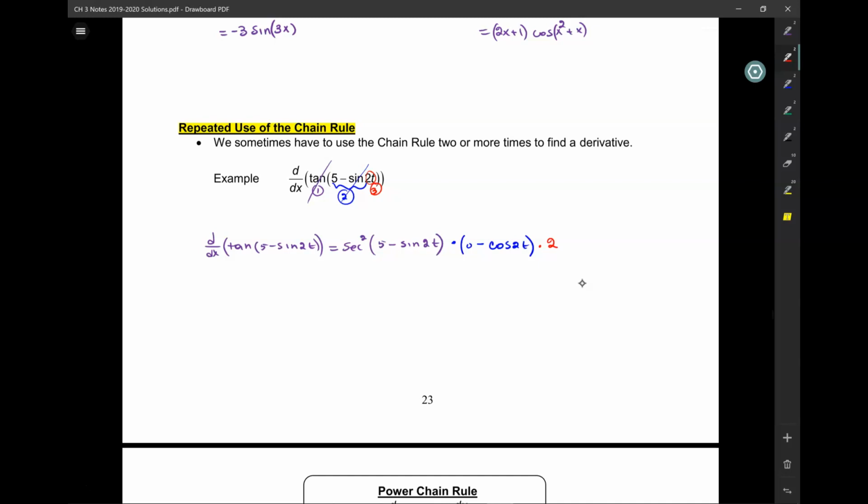Wait, what? Oh, okay, because if it was just t, you wouldn't have had to do that. So let's just clean it up a little bit. This is negative 2 cosine 2t, if I wrote the blue and the red first, times secant squared of 5 minus sine 2t.